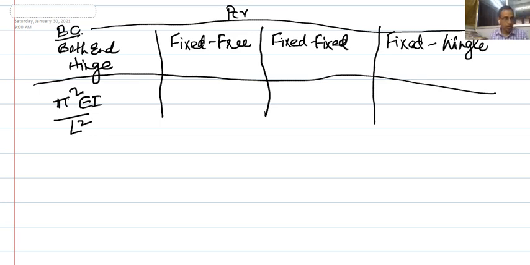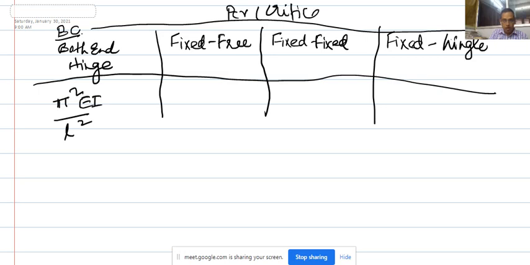Now, what I am trying to write down is the critical load PCR, the critical load capacity of a column with different end conditions, also called boundary conditions.